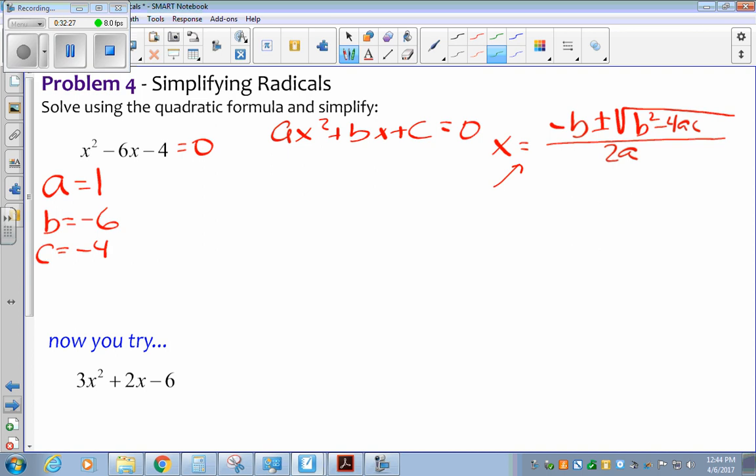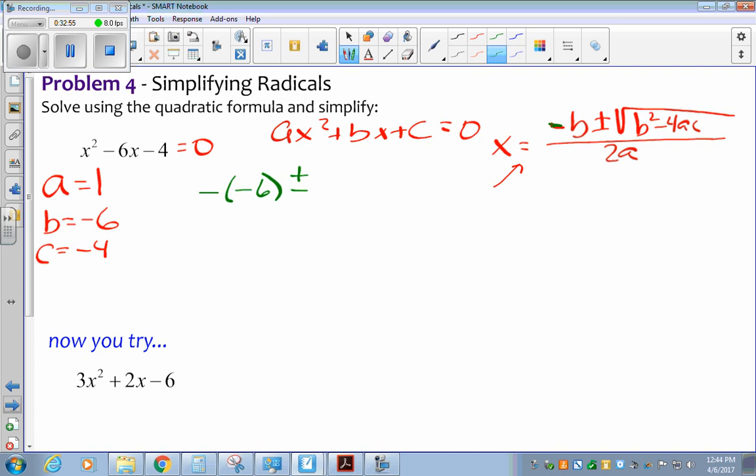If it has a negative out front, that negative gets written. This negative b, that negative gets written. If b is also negative, you're going to end up with a double negative. But if you skip that step, some people skip it and do it wrong. So I just put the minus negative there to make sure I don't skip any steps.